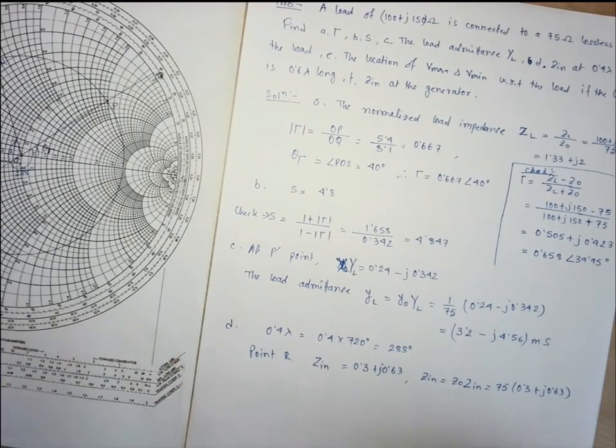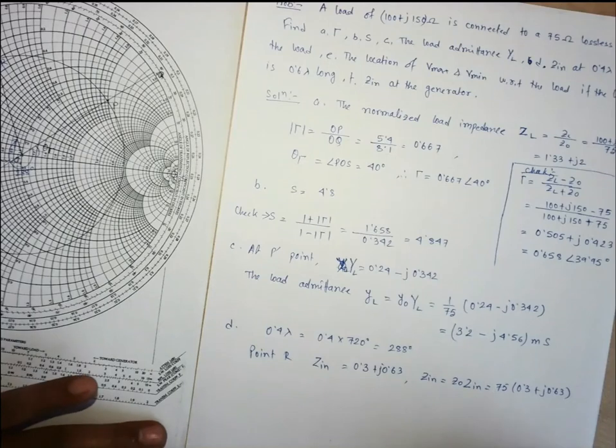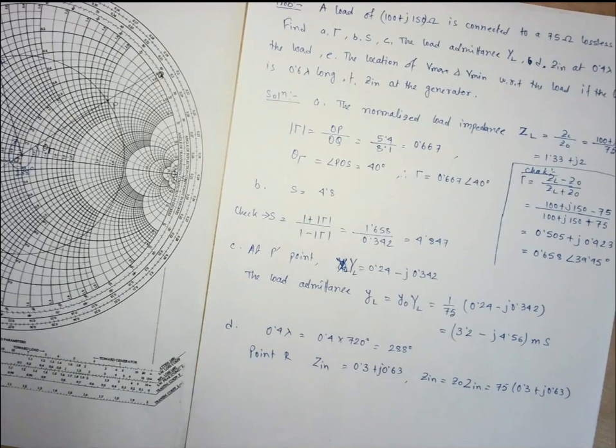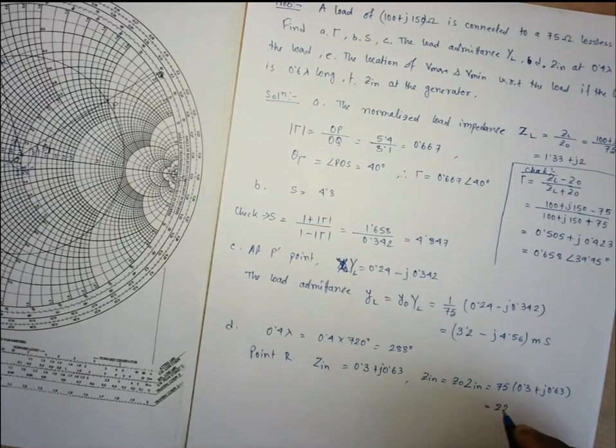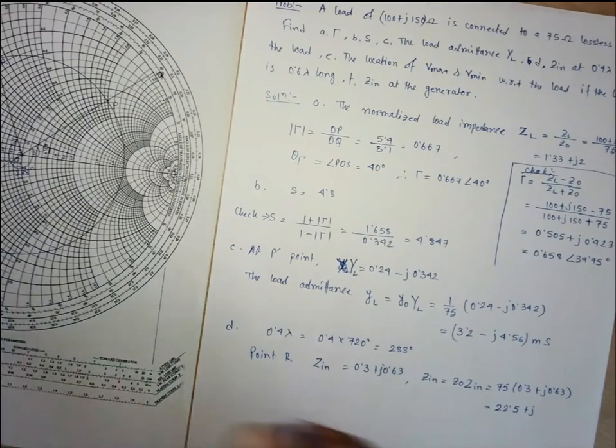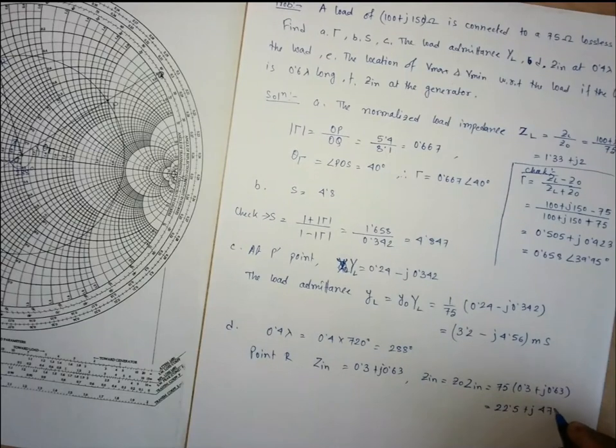So let us multiply. It will be coming out as 22.5 plus J 47.25. You can find out numerically also.